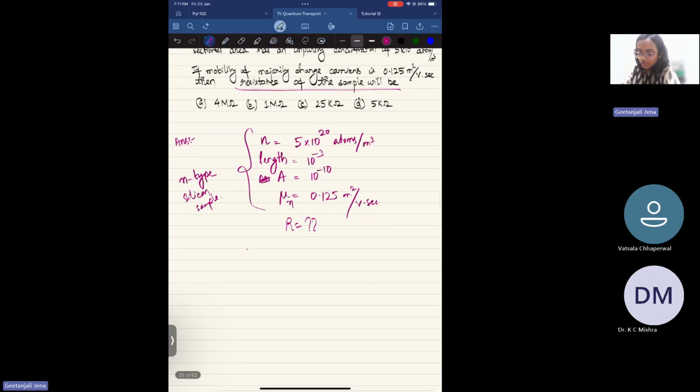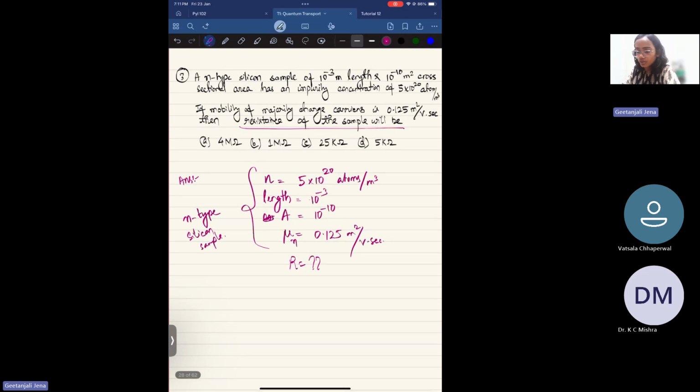Okay, let me see whether you are getting the correct answer or not. For this, we can consider that it is following Ohm's law. So according to Ohm's law, what will be the resistance of this sample?